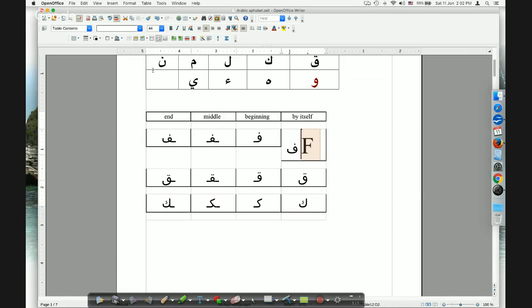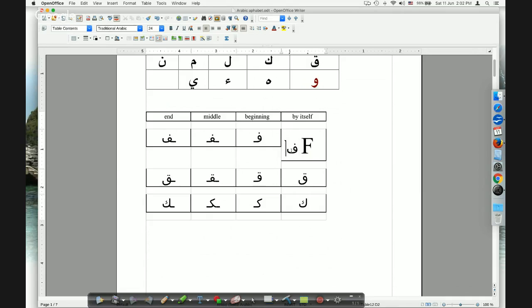So this is fa, same as the letter F in the beginning of any word in English. Father, family, like fa, very simple.